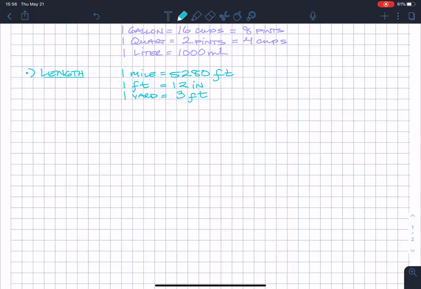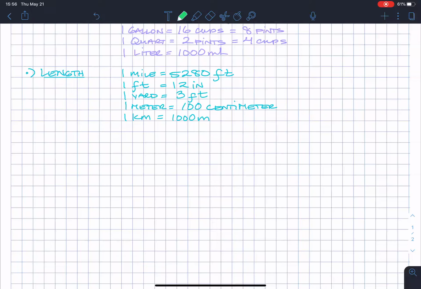Similarly, 1 meter is going to be 100 centimeters, where of course cent means 100. And 1 kilometer, km, is going to be 1,000 meters. Kilo is a prefix meaning 1,000. We'll get to those in a moment, hopefully.